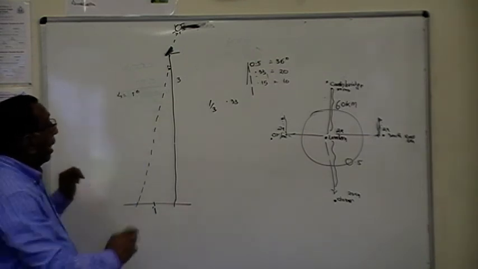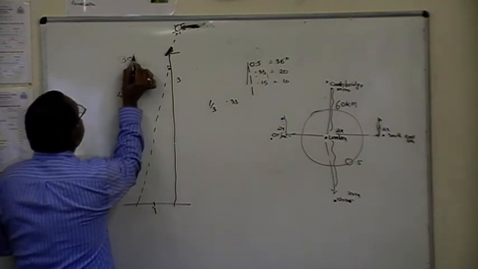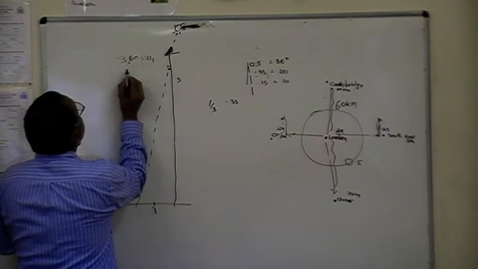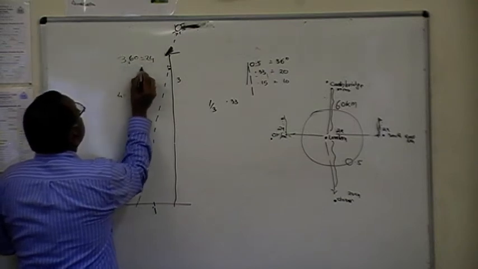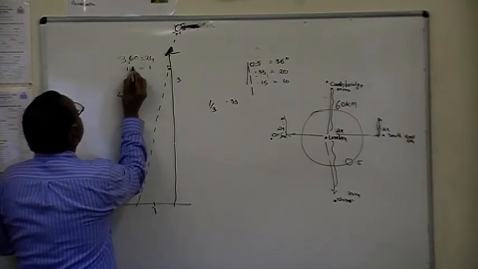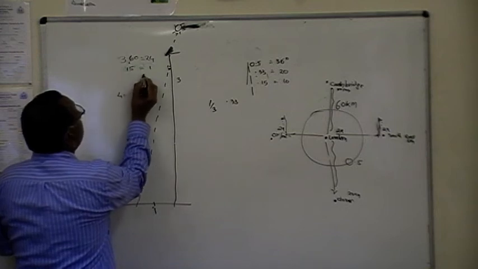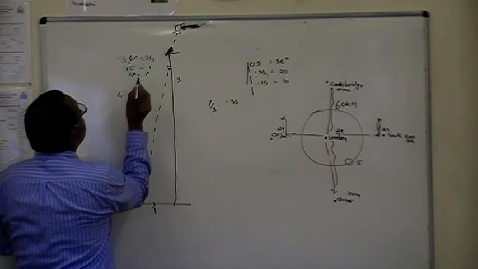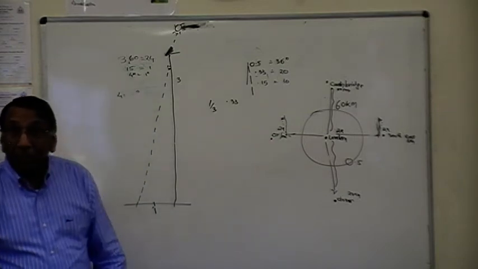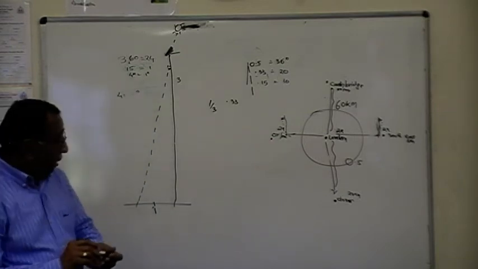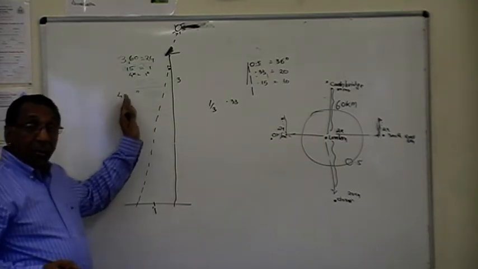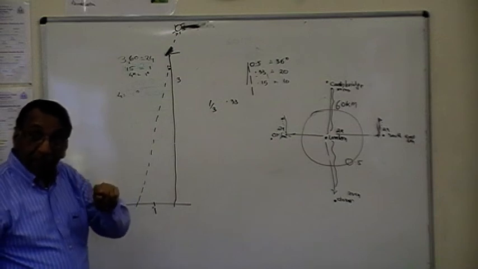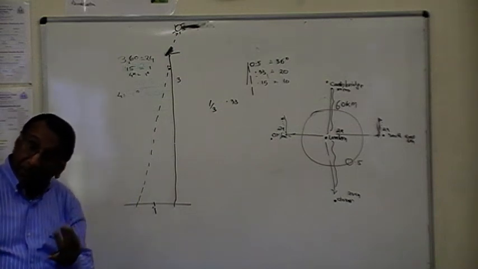After calculation, 360 degrees equals 24 hours, so 1 hour equals 15 degrees, and 4 minutes equals 1 degree. That's what we are going to use to measure how much time it takes. So now we are linking in time as well.